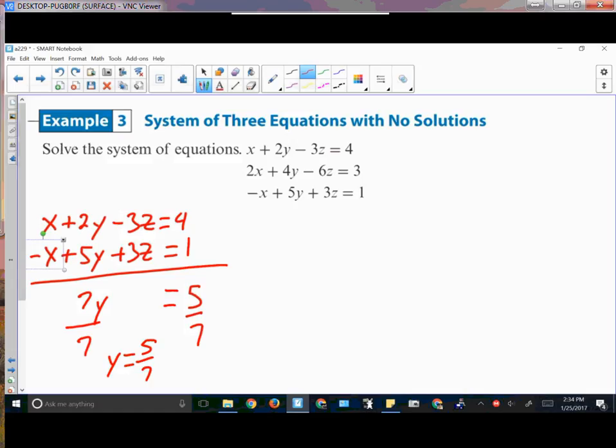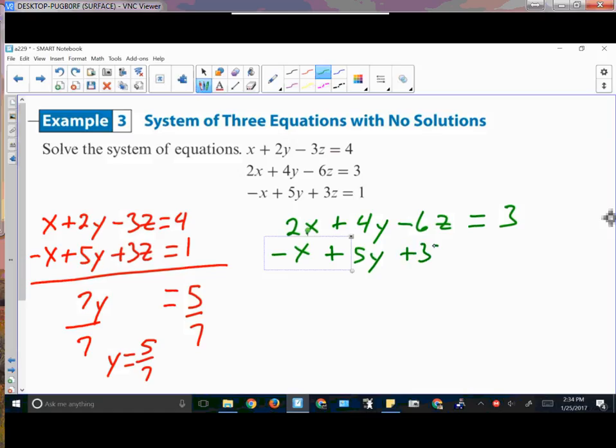Well, let's take care of, how about if I use the second and the last one? If I take 2x plus 4y minus 6z is equal to 3, and negative x plus 5y plus 3z is equal to 1, right?